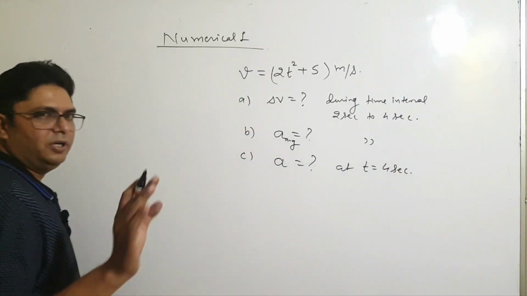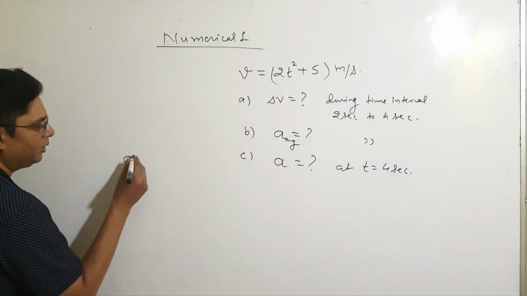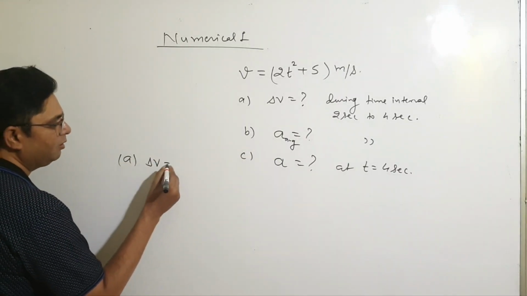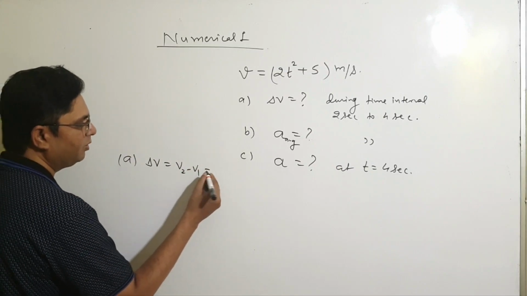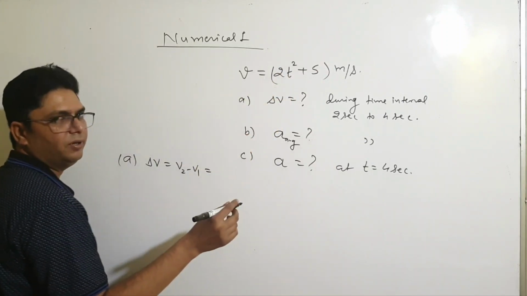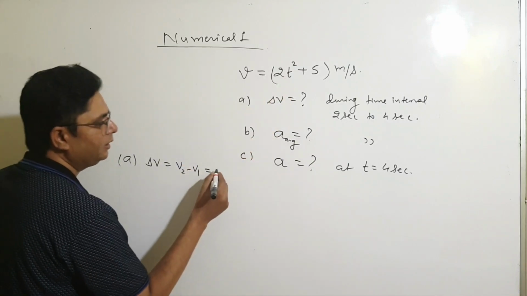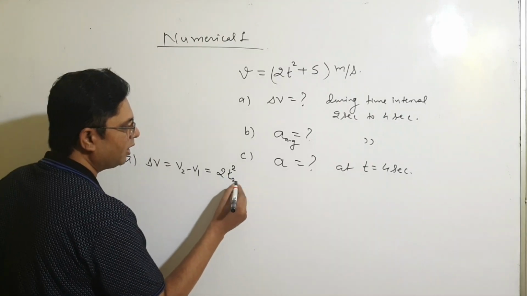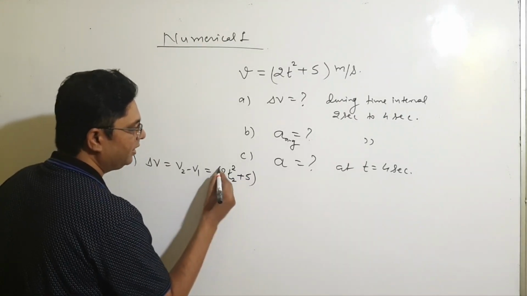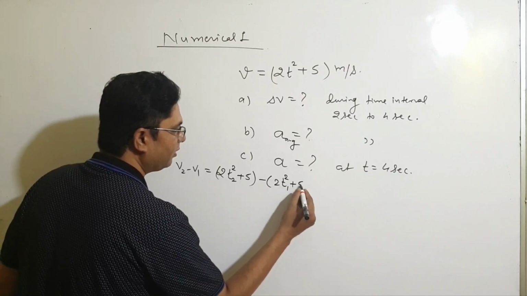Now first you have to find the change in velocity. So solution a: delta v equals v2 minus v1. The formula is v equals 2t square plus 5. So replace t with t2 and t1, and write 2 t2 square plus 5, minus 2 t1 square plus 5.